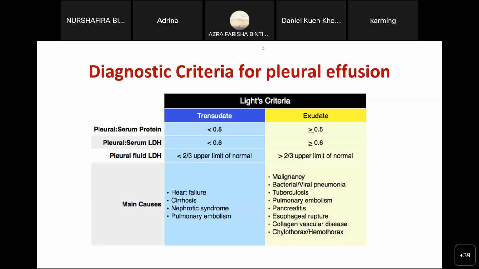If we have one criterion, we can differentiate either it's transudative or exudative. We do not have to have two or more. Understand, Jenny? Yes, Doctor. And then from transudative or exudative, we can differentiate the main causes, either it is infection or tuberculosis or any malignancy.